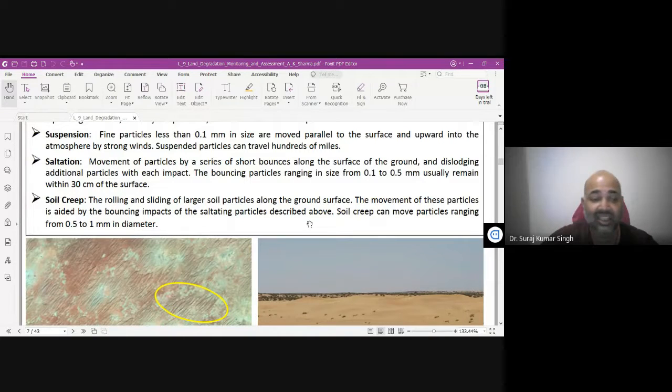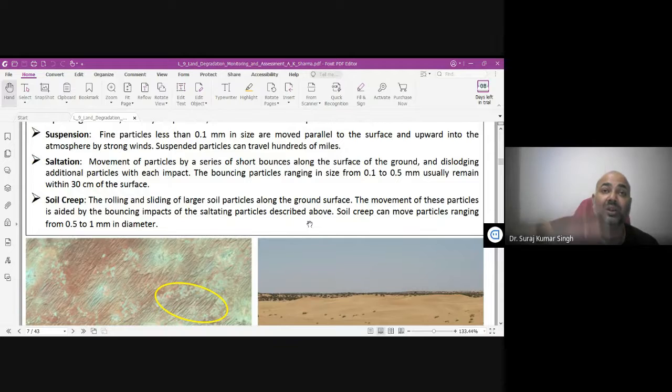And lastly, soil creep. What do you mean by soil creep? Soil creep means the rolling and sliding of larger soil particles along the ground surface.